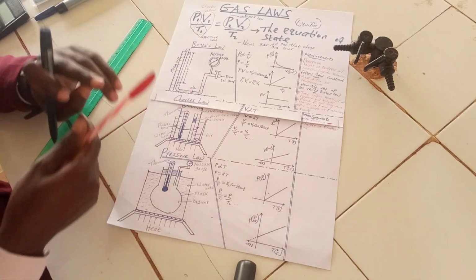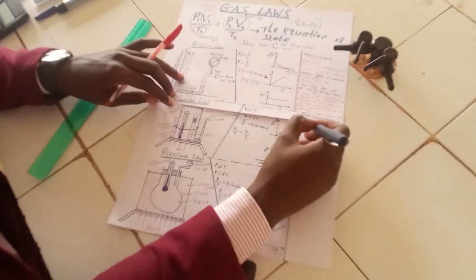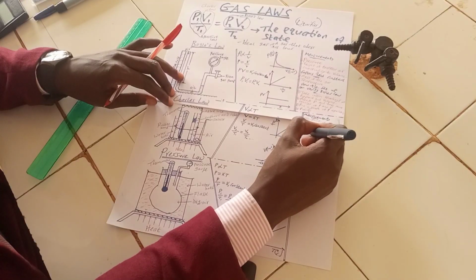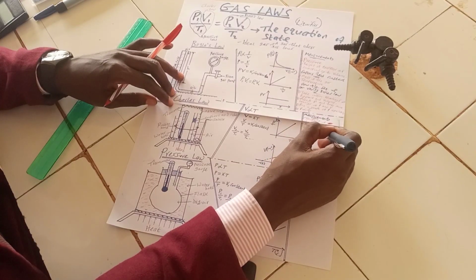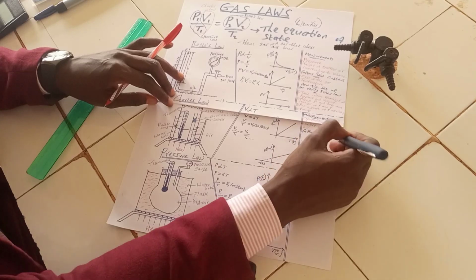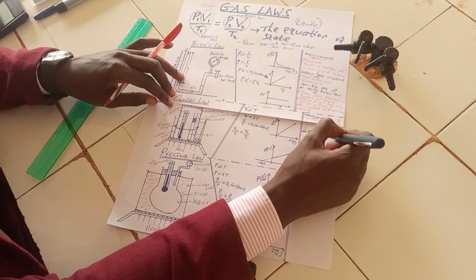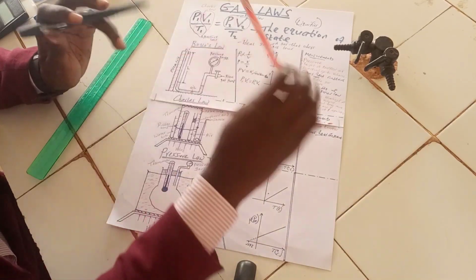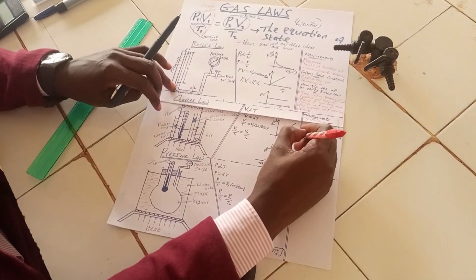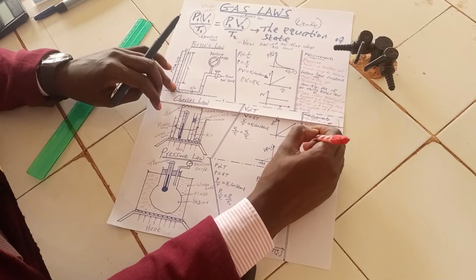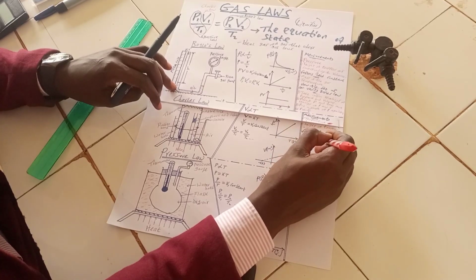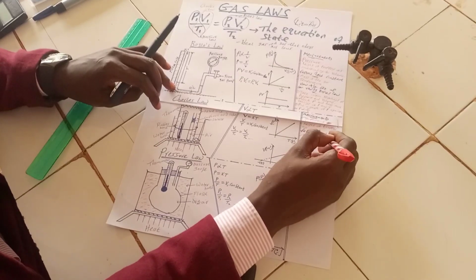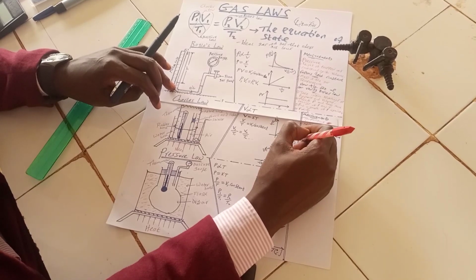Then factors held constant again. One is always the mass of the gas, that is the trapped gas.